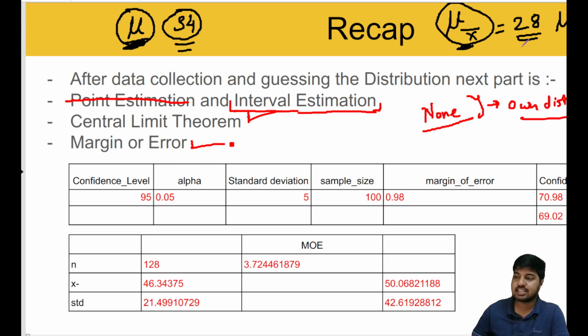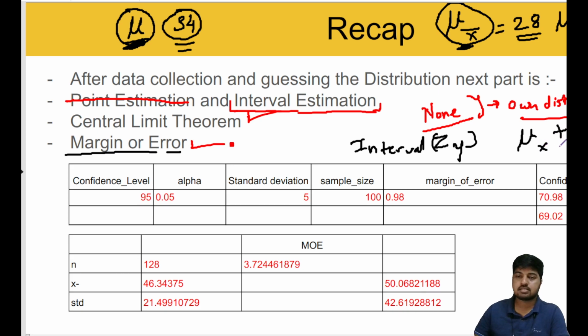With your statistical methods, you will select one interval. With our margin of error, the Z value, you will calculate this, and you will take the sample mean plus or minus the MOE, the margin of error.